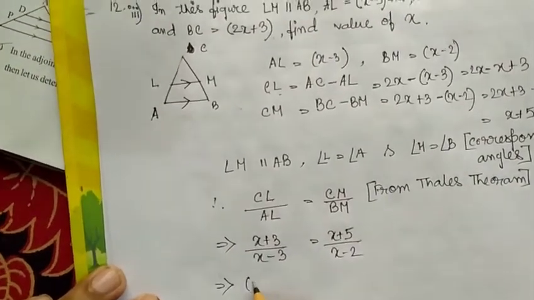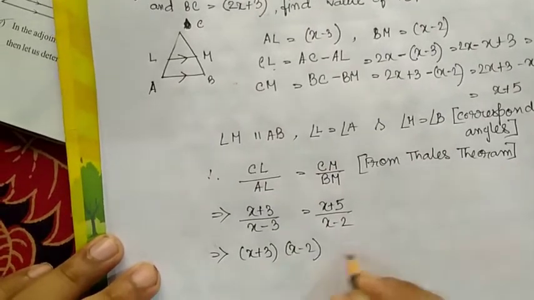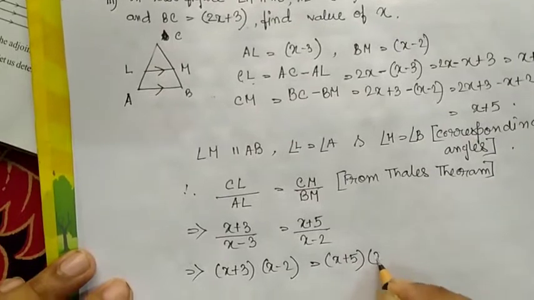First of all we have to cross multiply those values, x plus 3 into x minus 2 and x plus 5 into x minus 3.